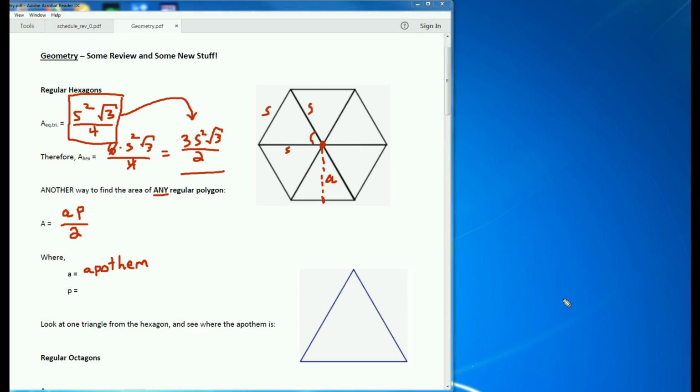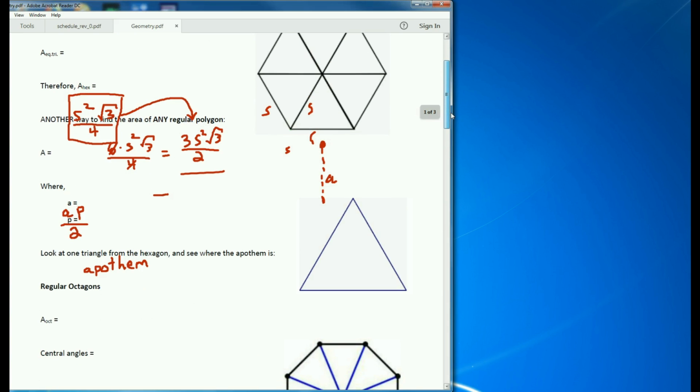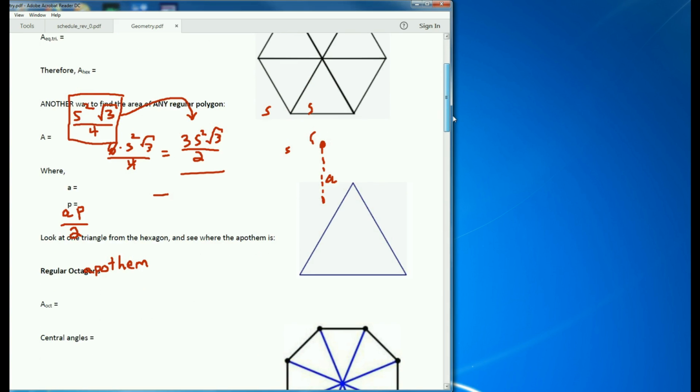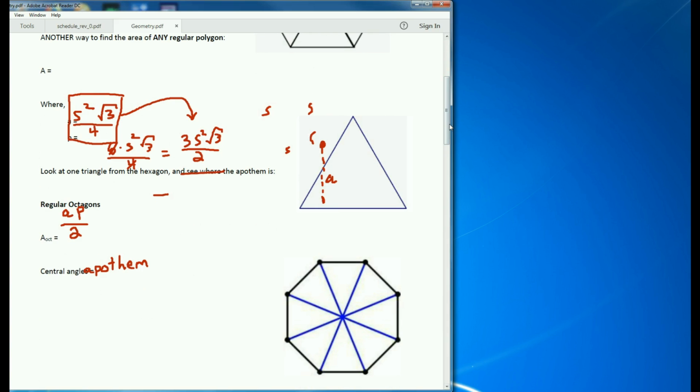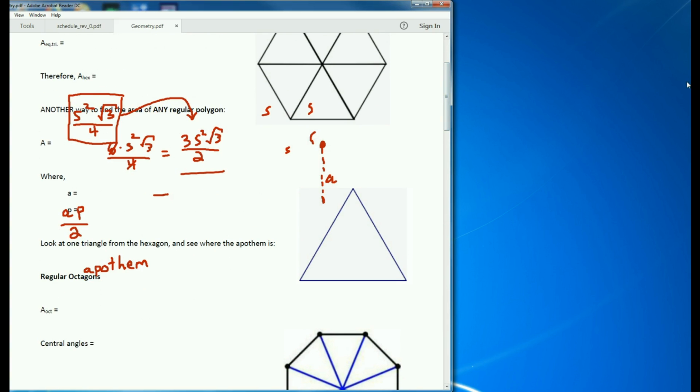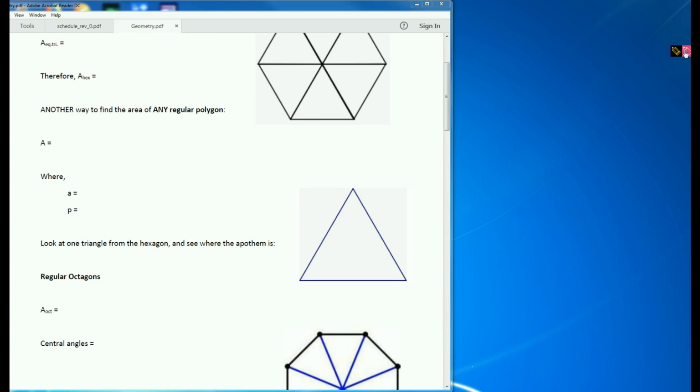Okay? So let's just take a closer look at one of the triangles. Okay, I'm going to erase this stuff. Let's look at this one triangle here, down here. Okay. So again, the apothem is this perpendicular distance.